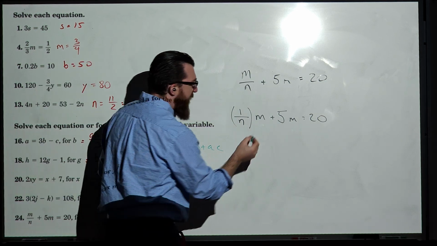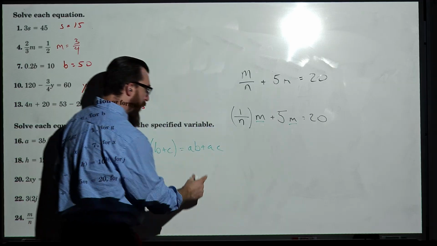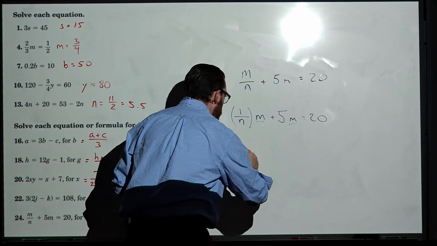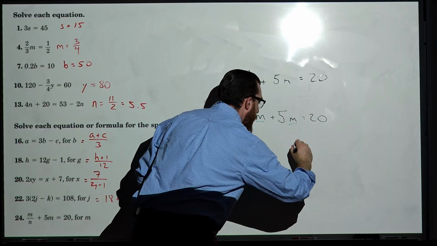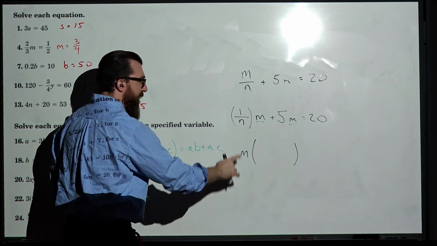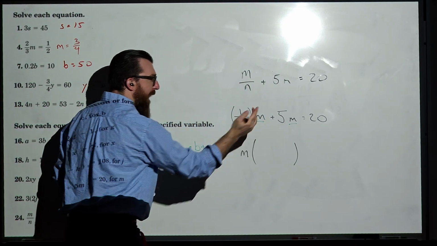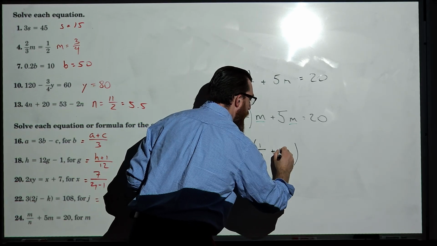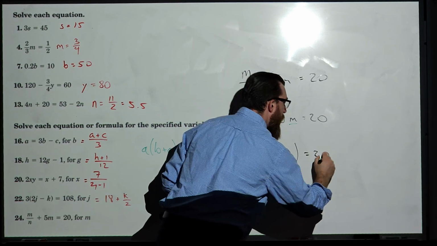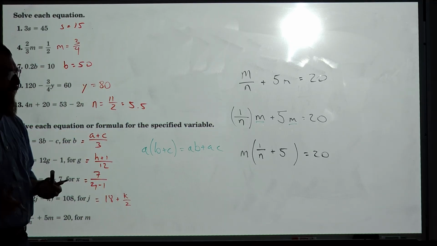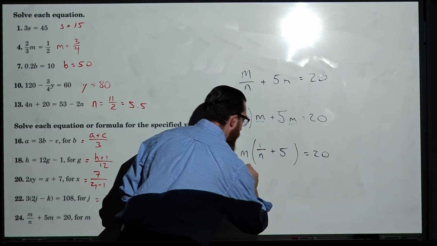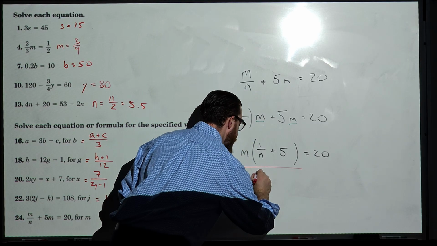So in this case, m would be my a here, which means I can take it out, and whatever goes here is however many m's there were added up. 1/n and also 5. So finally, to get m by itself, I would divide both sides by whatever is multiplying m.